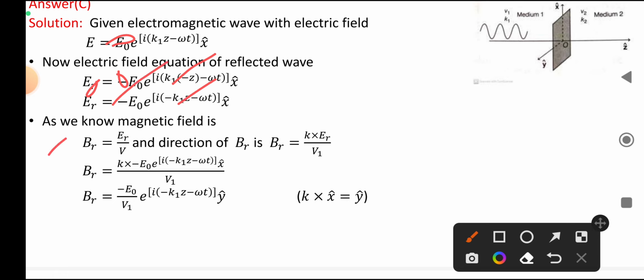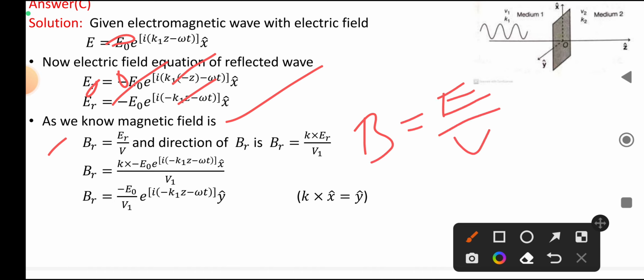As we know, there is a relation between the magnetic field and the electric field: magnetic field equals electric field by velocity. So for the reflected wave, it is also a reflected wave for the magnetic field, and the direction is BR equals k cross ER by V1.